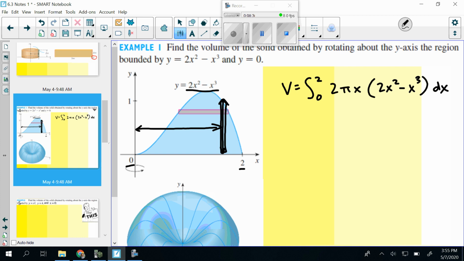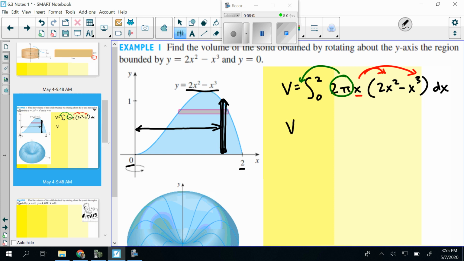All right, to solve this, it's usually easiest like we did with the disc and washer method, to take any constants and move those out. Once we do that, though, we still have this remaining x outside of the parentheses, and we can't integrate that x separately from these other ones. So that x is going to need to get distributed in order to get the function so we could integrate it.